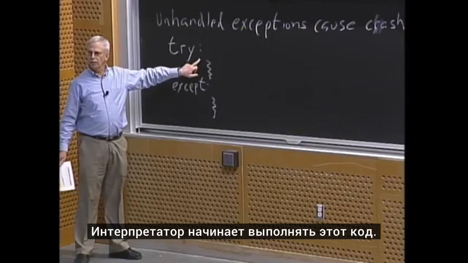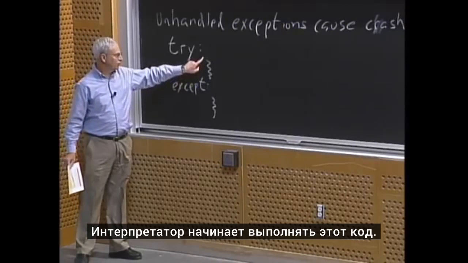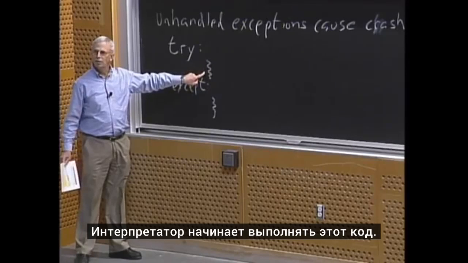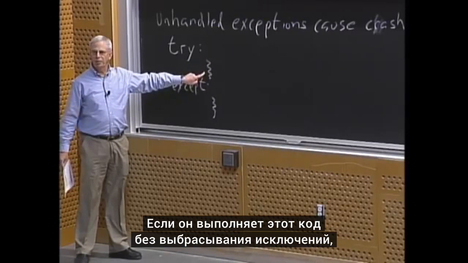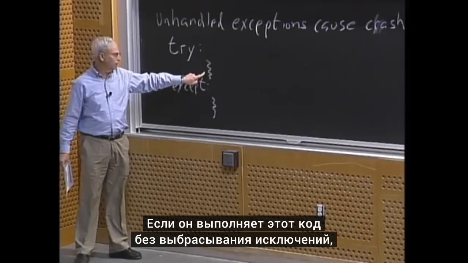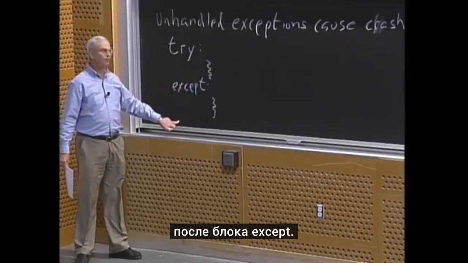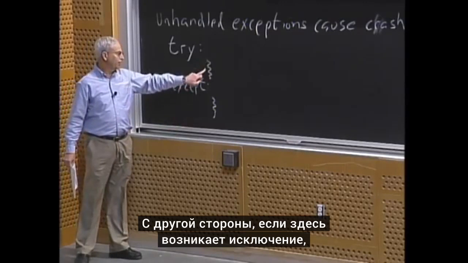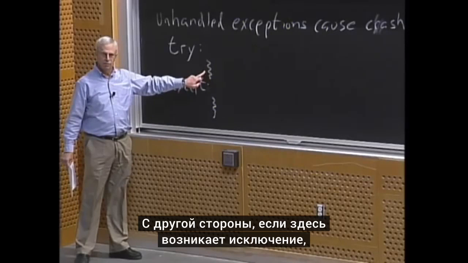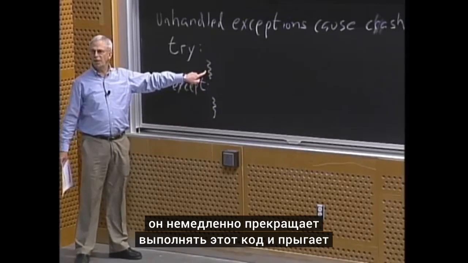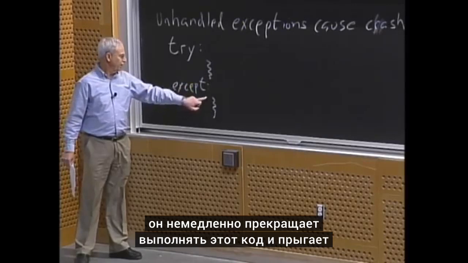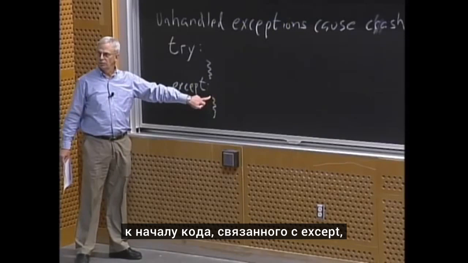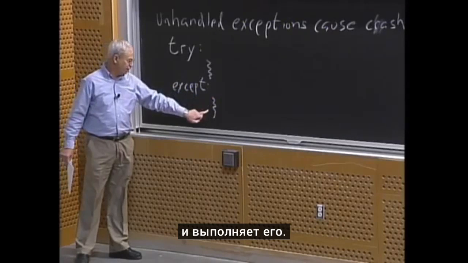What the interpreter does is it starts executing this code. If it gets through this code without raising any kind of an exception, it jumps to the code following the except block. On the other hand, if an exception gets raised here, it immediately stops executing this code and jumps to the start of the code associated with the except, and executes that.